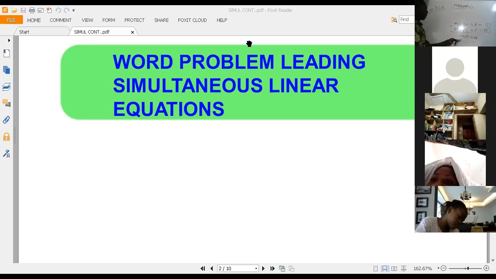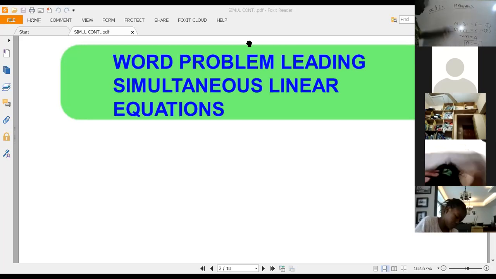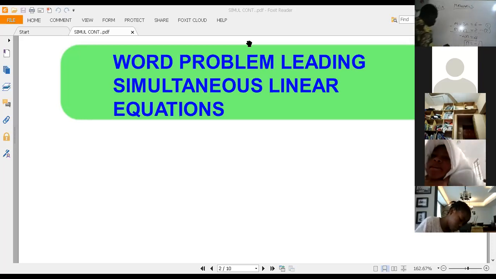Now dividing both sides by minus 4, your final answer will be n equals minus 1. We therefore substitute n equals minus 1 into either equation 1 or equation 2. For this lesson, I'll substitute into equation 2.